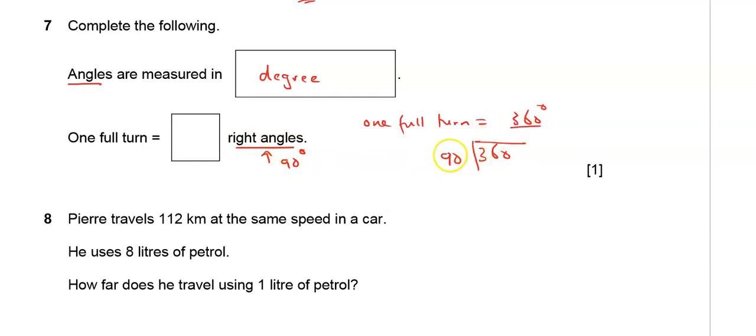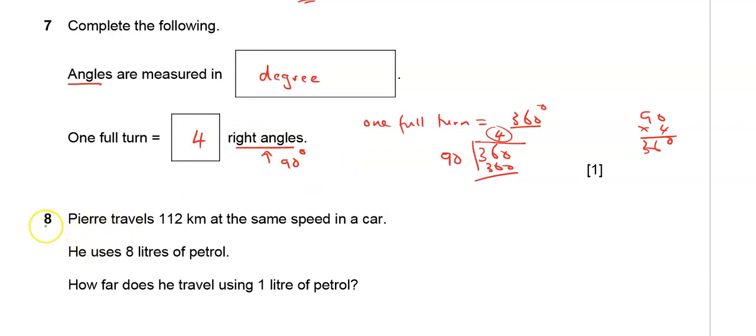What number do we multiply 90 by to get 360? That is going to be 4. So 4 is the number of right angles. You have 4 right angles.